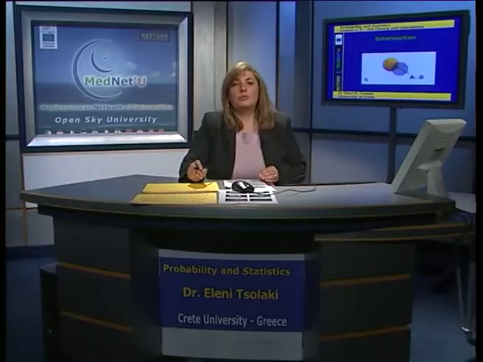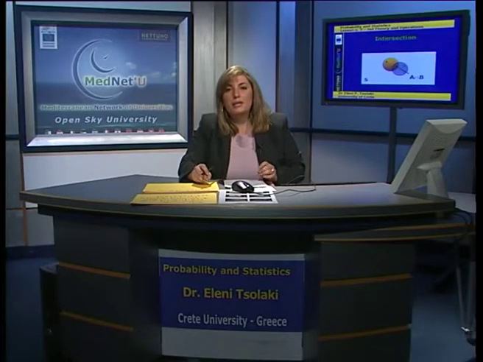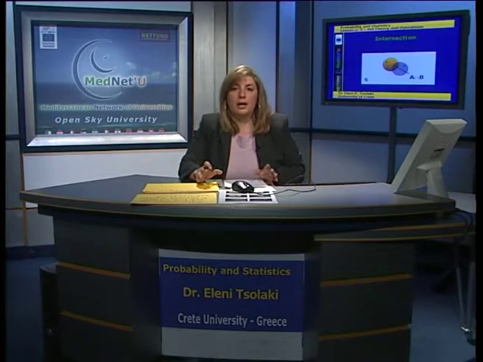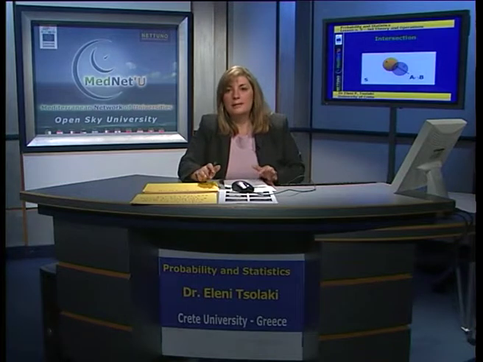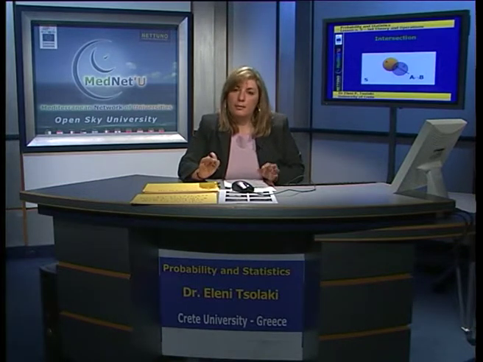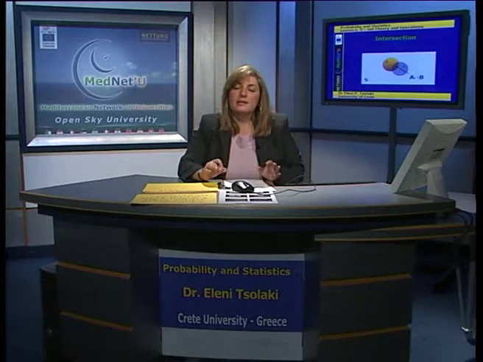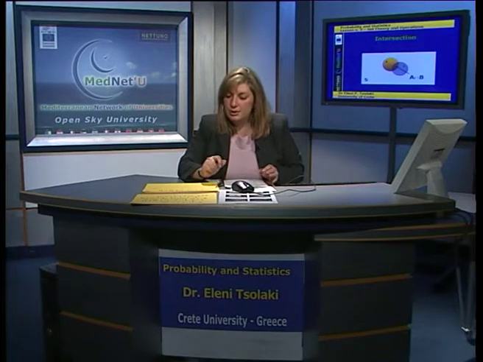In this case, we have and. The elements should be in both events. They should be in event A and event B. Being in one of the two events is not sufficient.